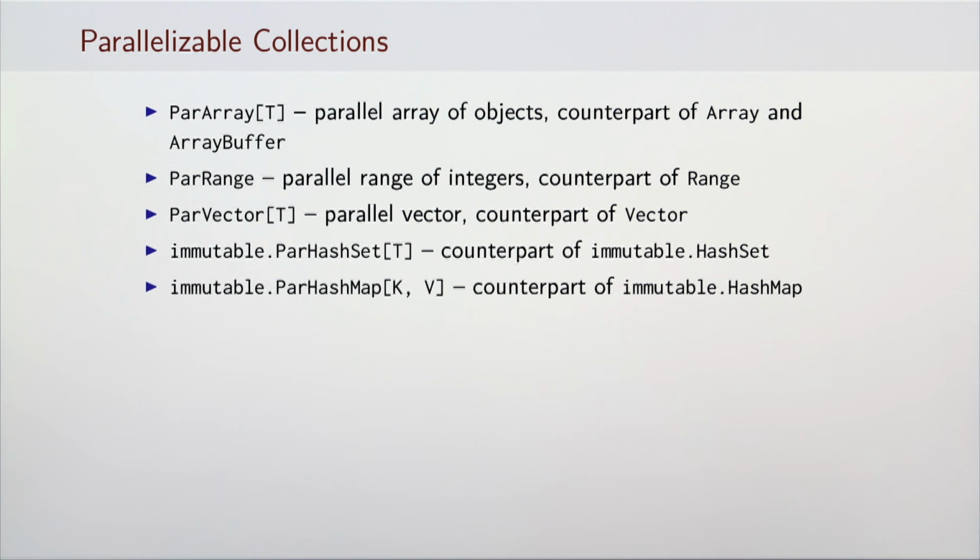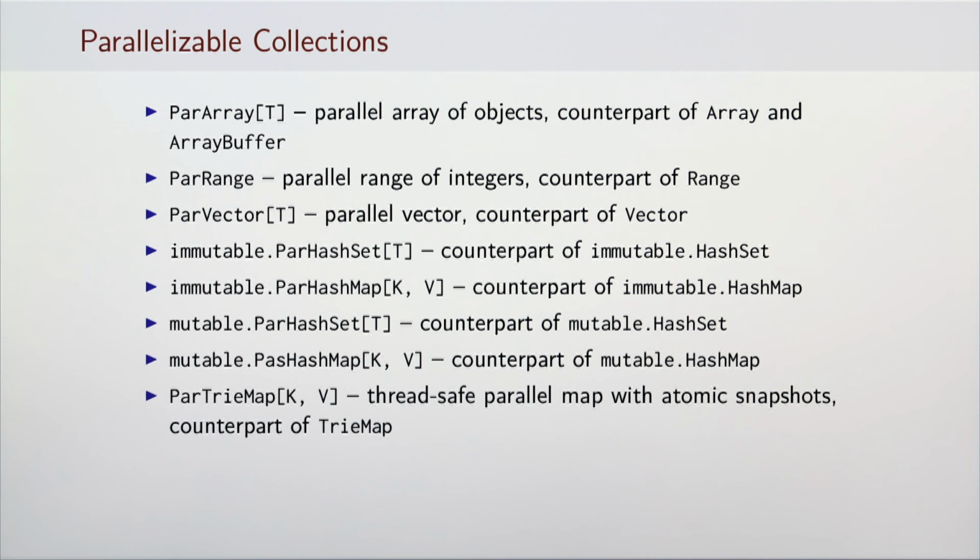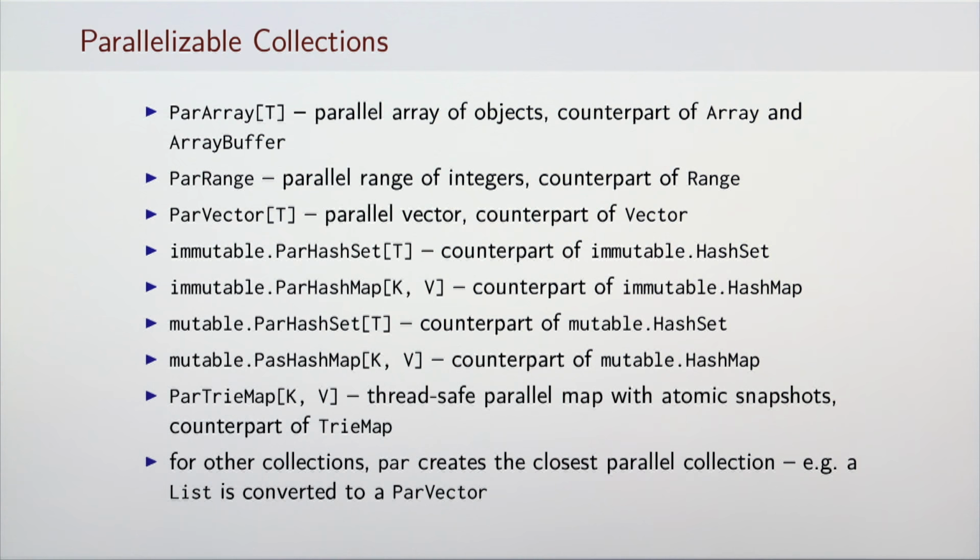Immutable hash maps and hash sets can be converted to parallel hash maps and hash sets. Similarly, mutable hash maps and hash sets also have their parallel counterparts. Finally, the concurrent TrieMap collection can also be efficiently converted to a parallel TrieMap. For other collections, par creates the closest parallel collection.